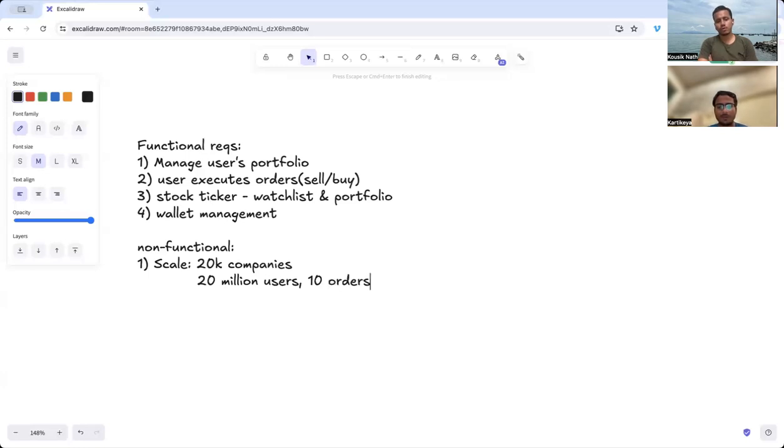We can assume that all 20 million are daily active users. So in total, this comes to around 200 million orders per day.